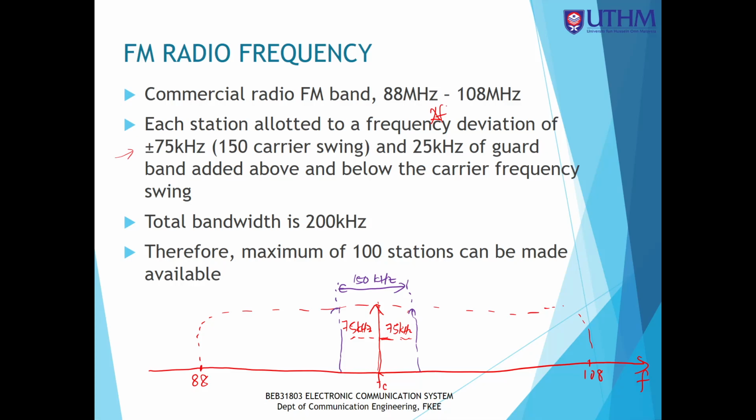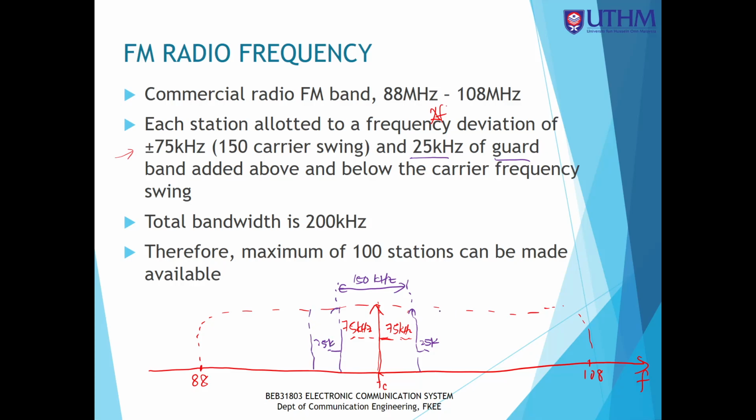And it is said that it gives another 25k for the guard band. The guard band is actually to guard the channel from adjacent interference. So we have another 25k over here, and also another 25k over here.